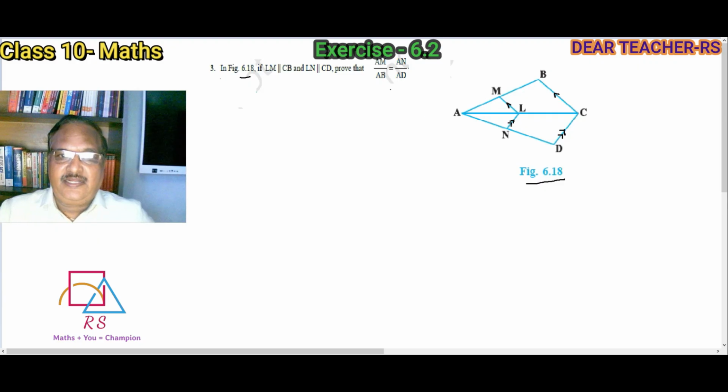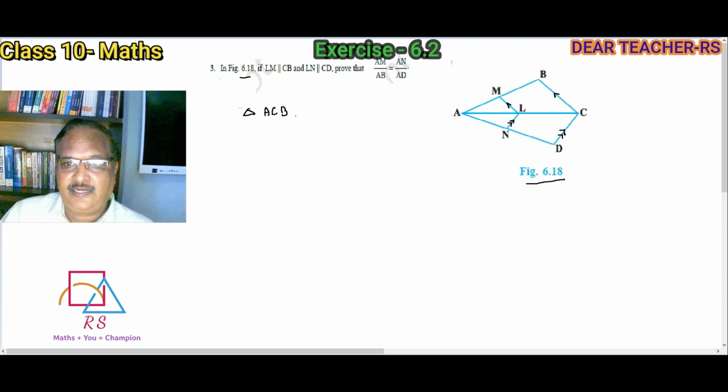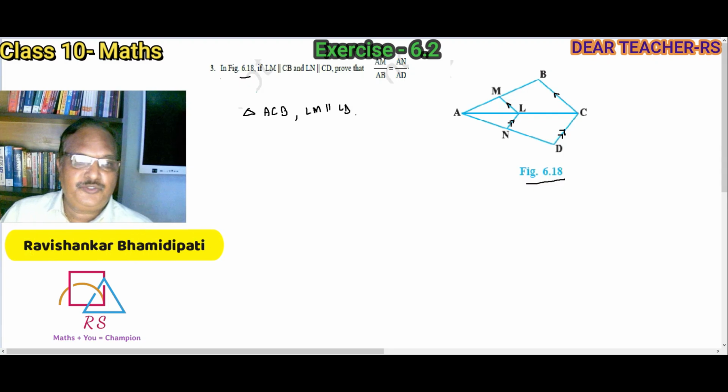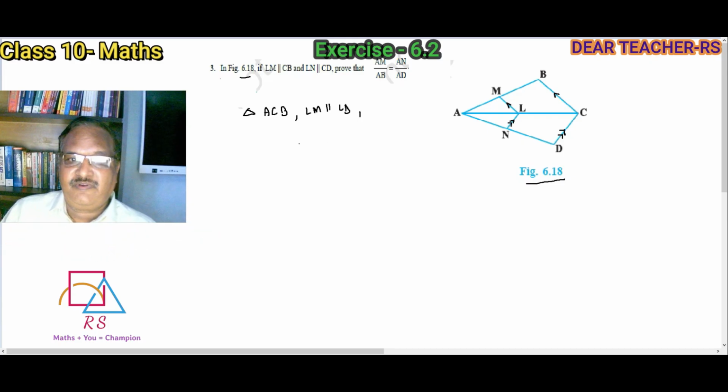Prove that AM by AB is equal to AN by AD. So there are 2 triangles. One triangle is the upper triangle ACB. In this, LM is parallel to CB, so you can apply the basic proportionality theorem. Then how will it go?